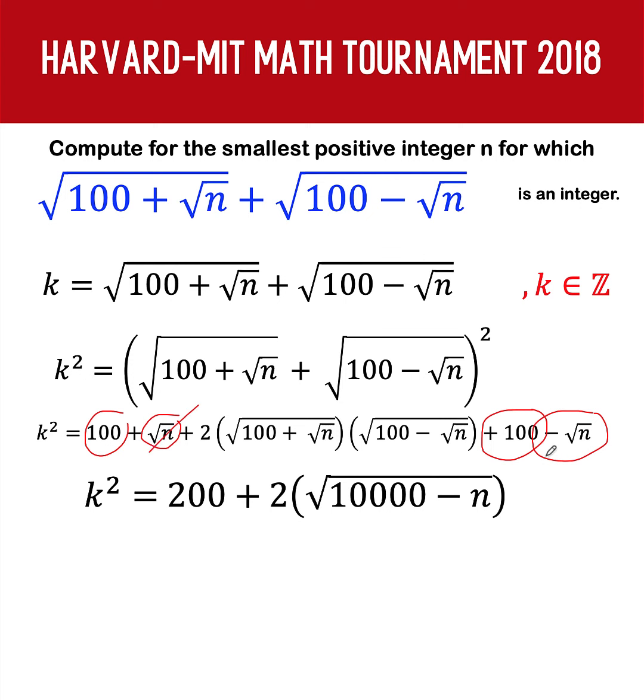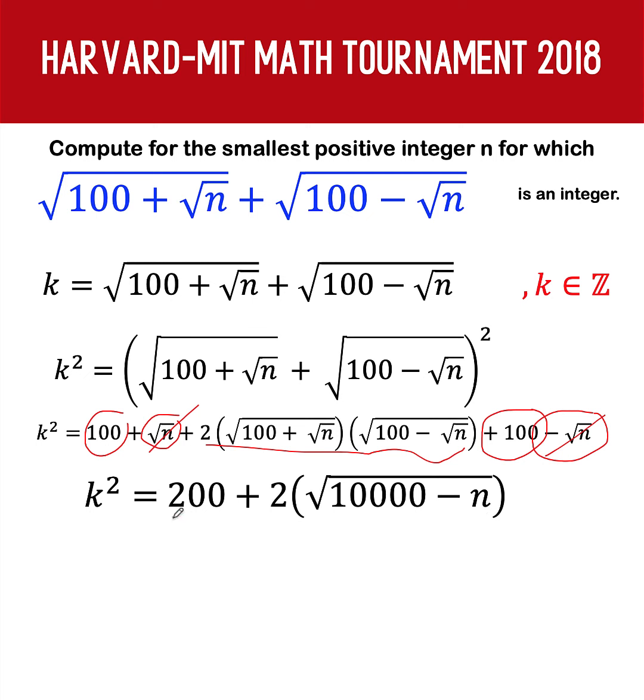So we do not need to write the square root of n anymore. And simplifying this middle part here, we copy the 2. And you have here the product of the sum and difference of two numbers, which is equal to the difference of two squares. So the square of 100 is 10,000, and the square of the square root of n is simply n. Both of them are under the square root symbol.